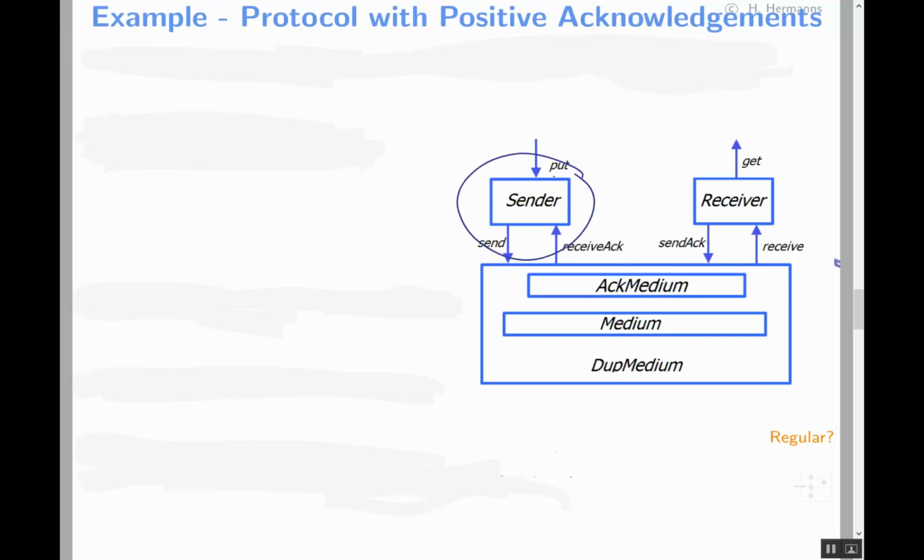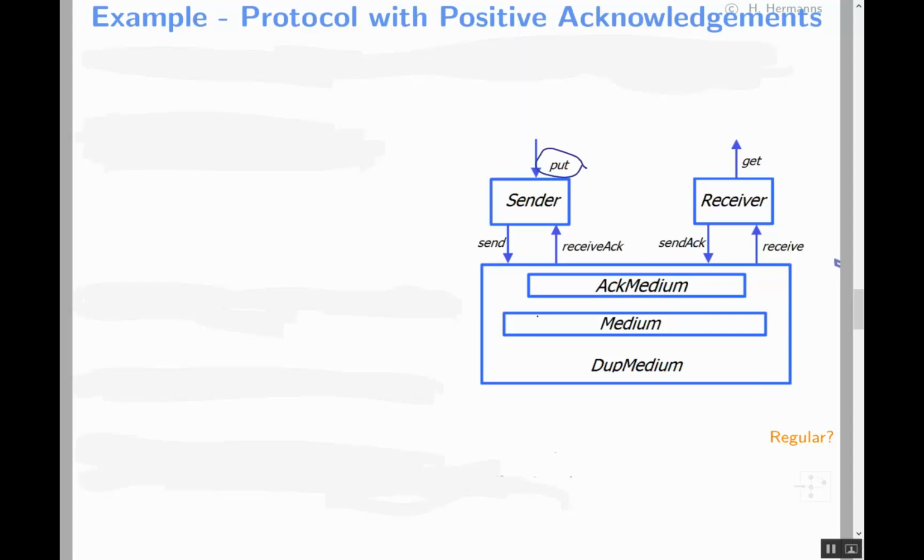It has a sender, it has a receiver, and then it has a medium below for the transmission of messages in both directions. So it has a medium for the data, and it has a medium for acknowledgements that acknowledge that data has been correctly received. So to the outside, we will only see puts and gets. So it looks a bit like a buffer, and we will understand in what sense.